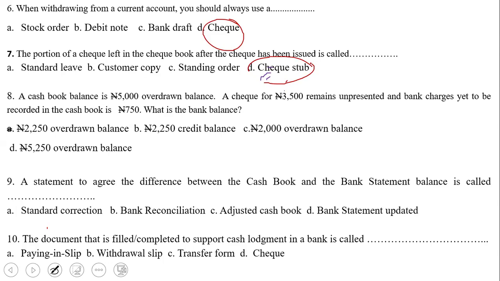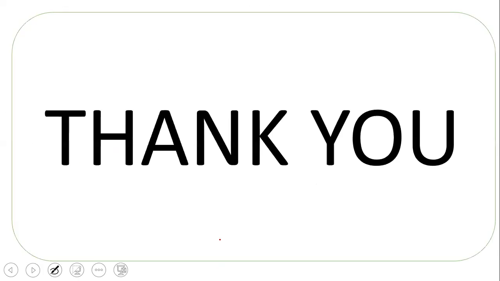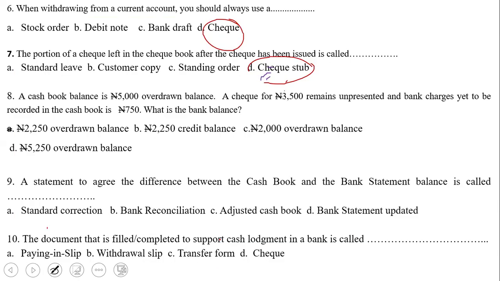The checkbook balance is 5,000 overdraft. And we have unpresented 3,500 and bank charges 700. Don't forget, we'll take these bank charges first, which means that it's going to be debited. That gives us 5,700.